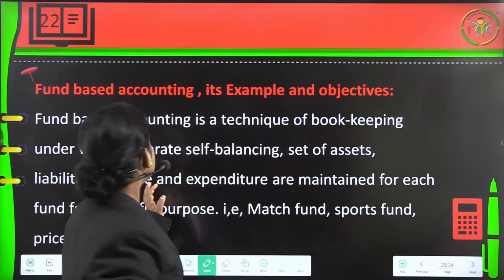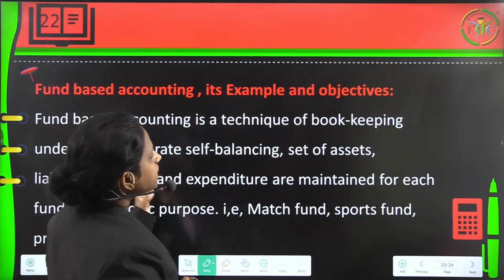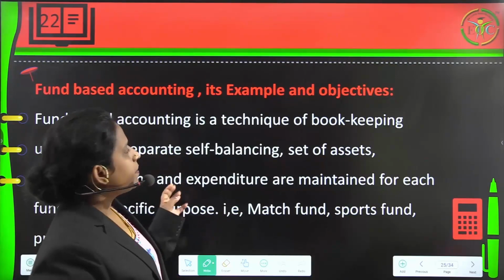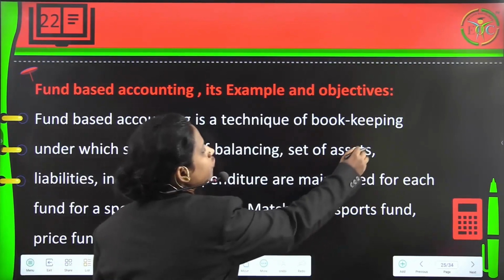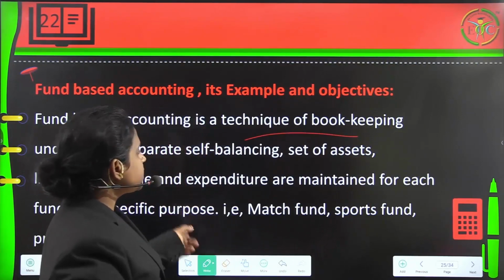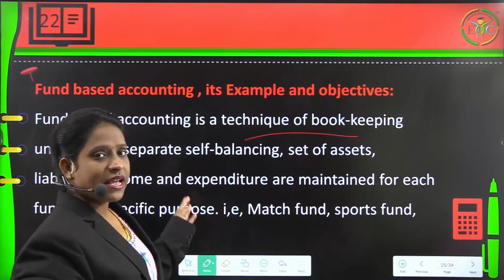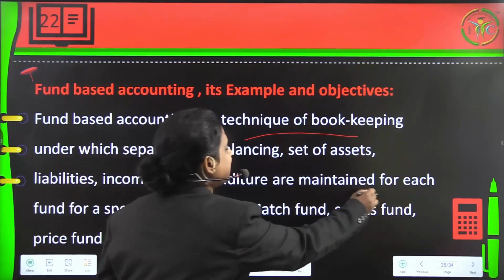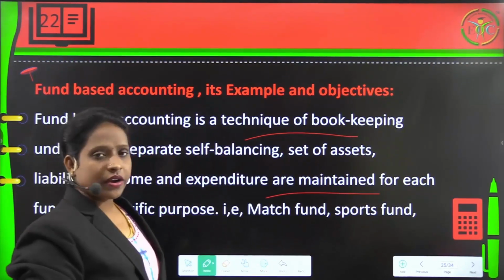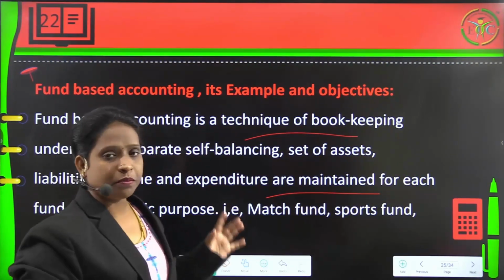Then fund based accounting. Fund based accounting is a technique of bookkeeping under which a separate self-balancing set of assets, liabilities, income and expenditure is maintained for each fund for a specific purpose.